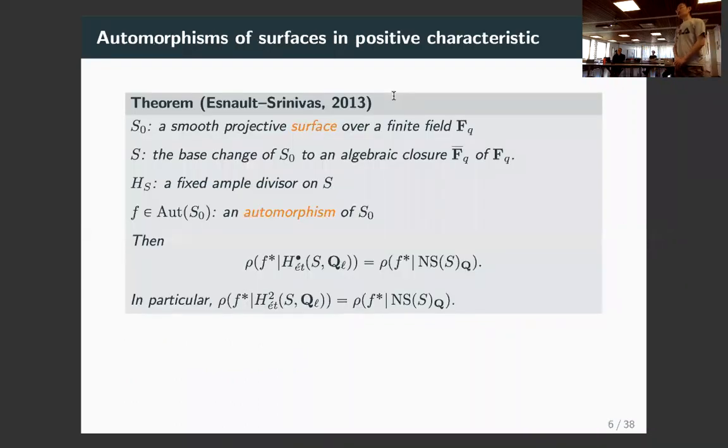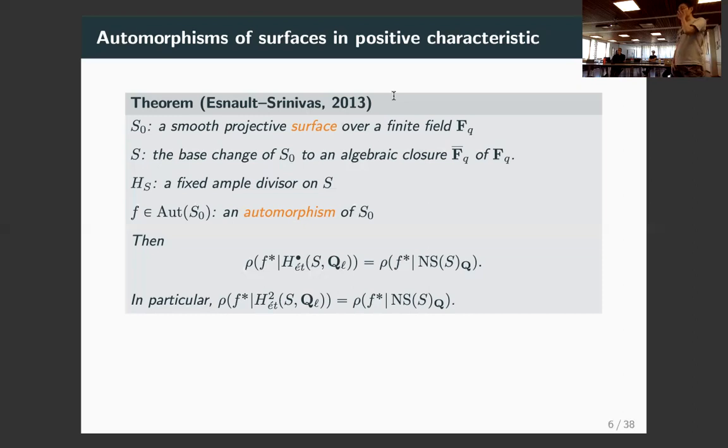Okay, so because of this fact from complex surfaces, Esnault and Srinivas proved a similar result in 2013 over finite fields. So now X_0 is a smooth projective surface over a finite field F_q, and again S is the base change to the algebraic closure F_q bar. Then we take an automorphism of this surface.